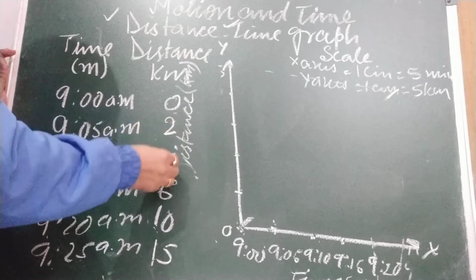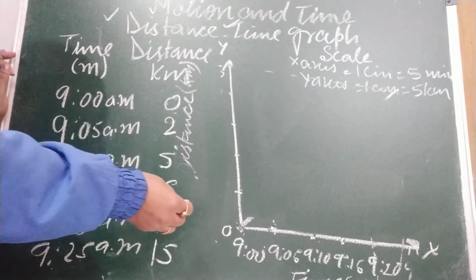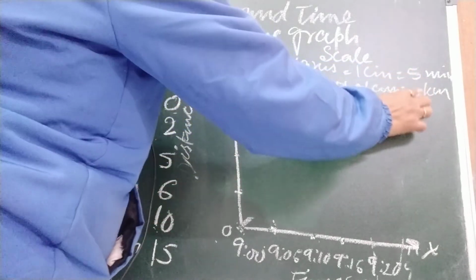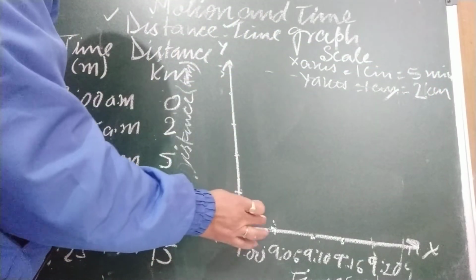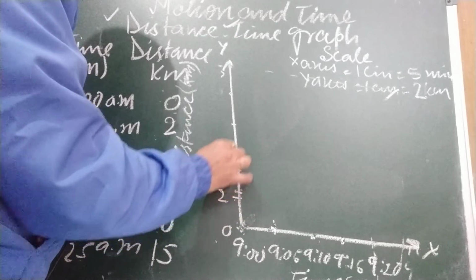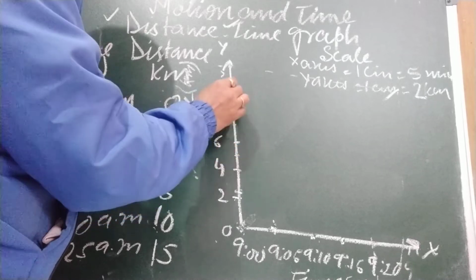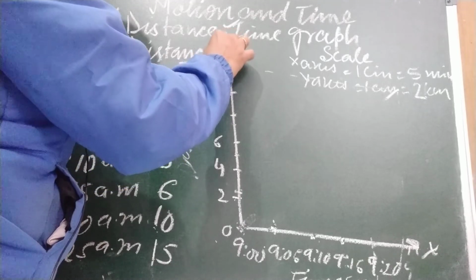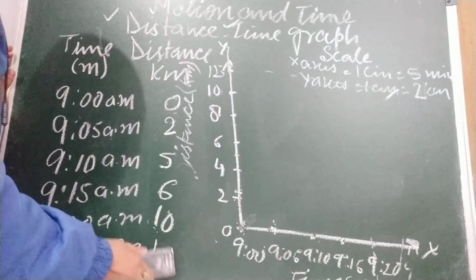So we are going to take table of 2, like 1 centimeter is equal to 2 kilometers, or we can take 4 kilometers also, it is easy for us. Now 2, 4, 6, 8, 10, 12. Okay, this we are going to take as 12.